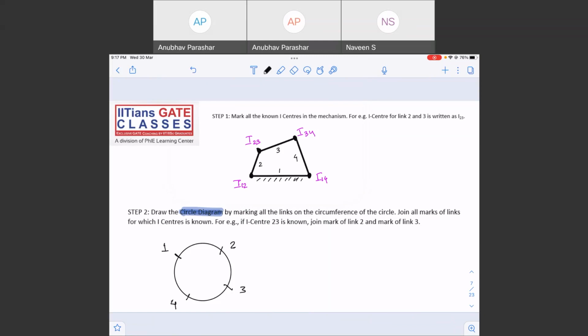Then we will join all the marked links for which the eye center is known. We know eye center 1 and 2, so we join link 1 and 2. We know eye center 2 and 3, so we join 2 and 3.